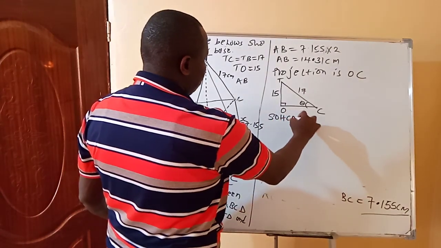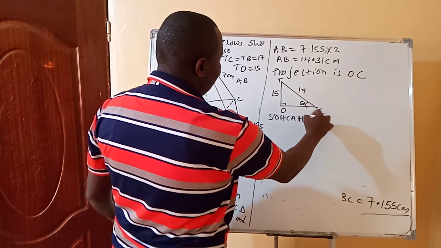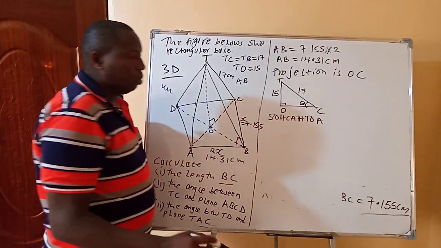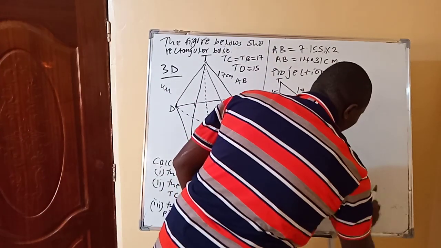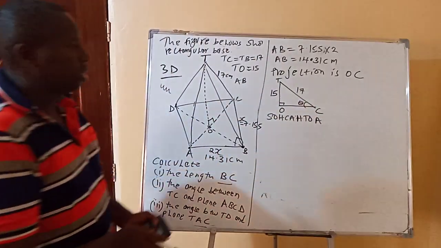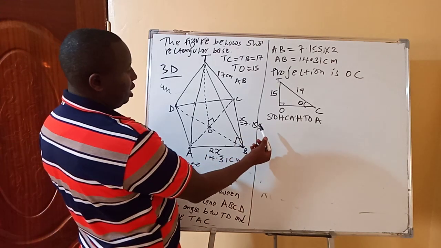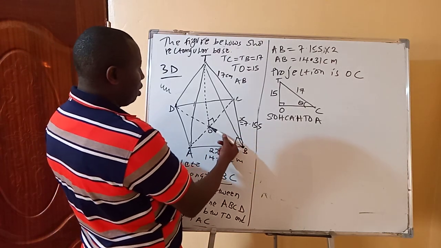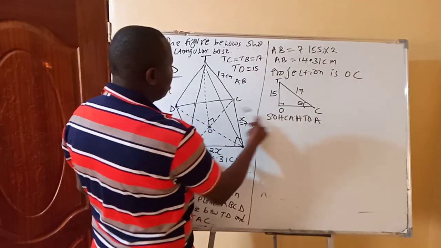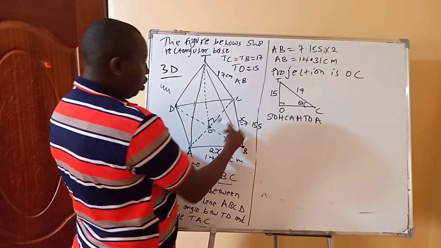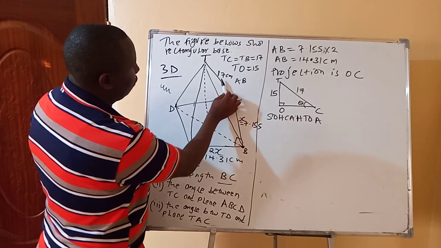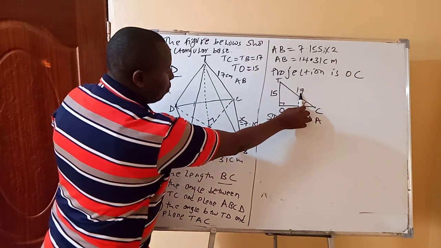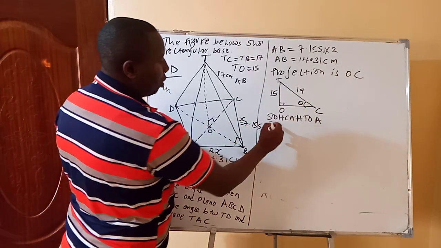Which trigonometric ratio do you need to use? We don't have the adjacent, but we have the hypotenuse and opposite.